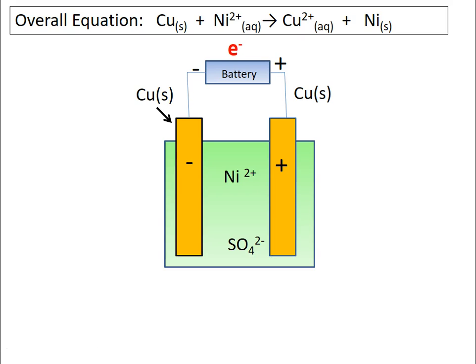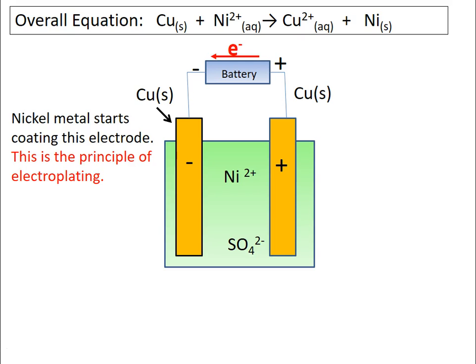Alright, so we've got our overall equation, and I talked about this, but we need to refer to the picture. So the electrons are going from the battery into here, they're being removed from this and added to that. So nickel ions are moving across, positive ions are being attracted across to the negative electrons that are being moved into here.